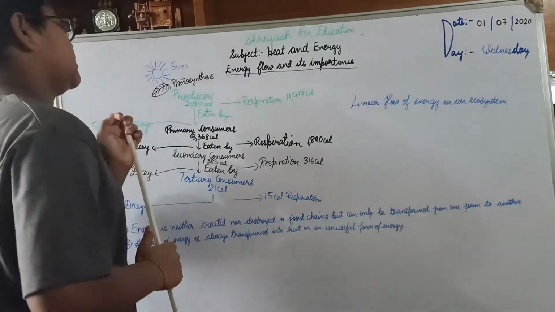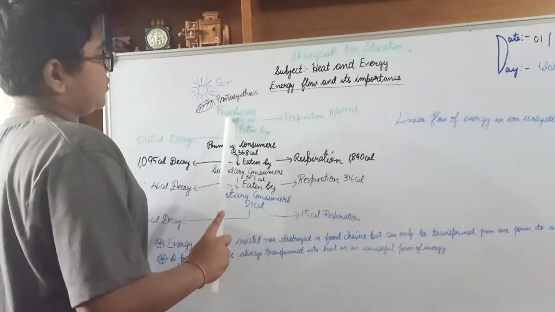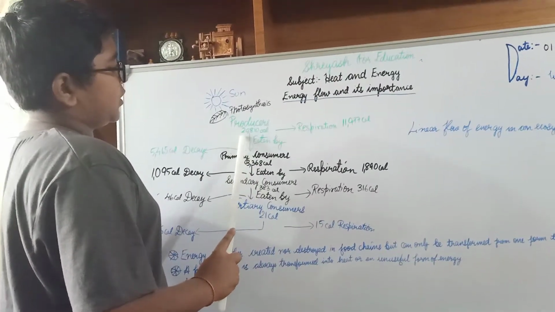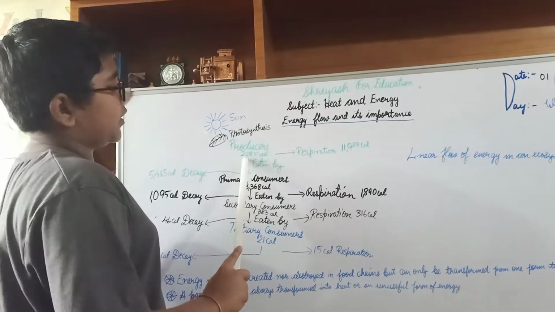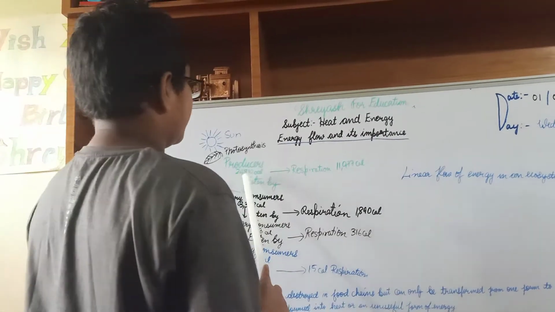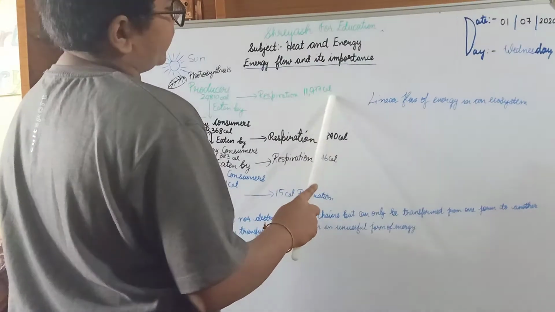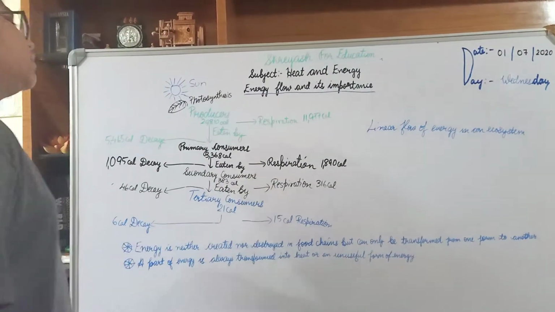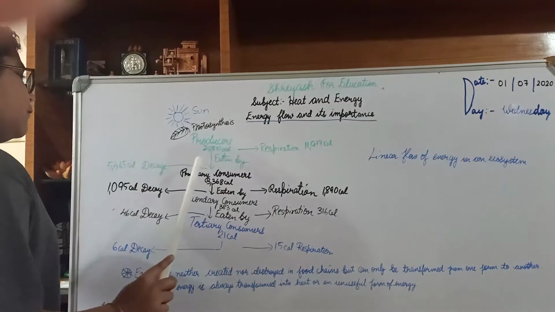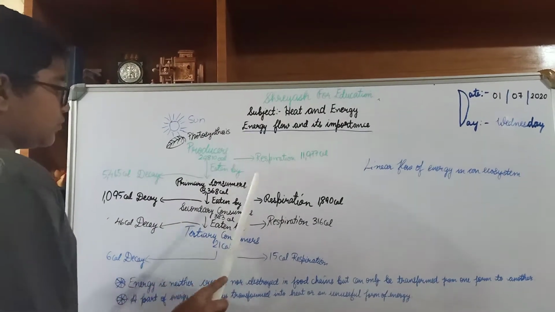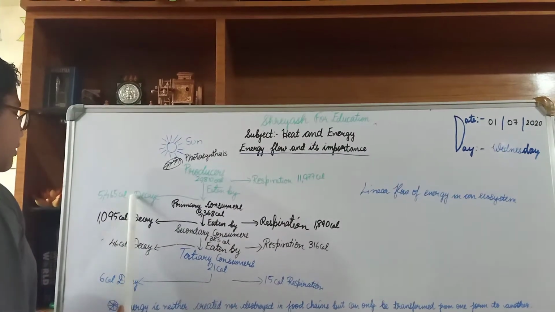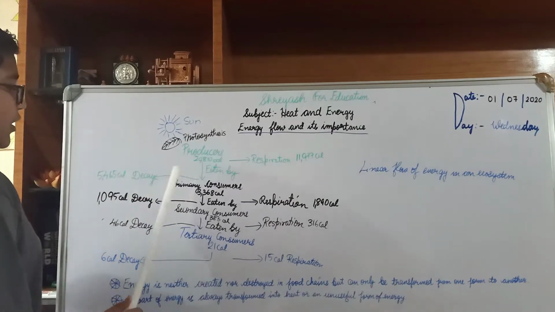So let's read it once. Producers produce at least 20,810 calories, in which they spend 11,977 calories in respiration, and when they are eaten by the primary consumers, they spend 5,465 calories for decaying.